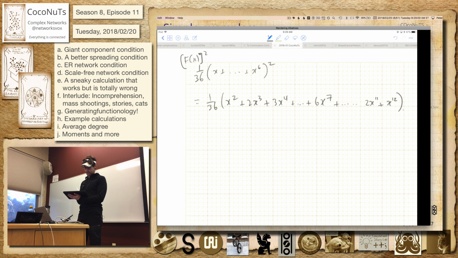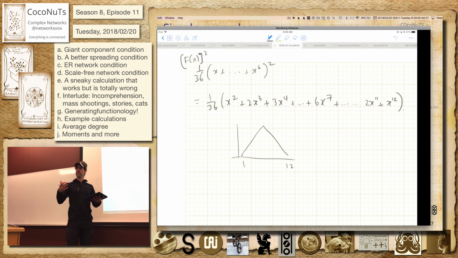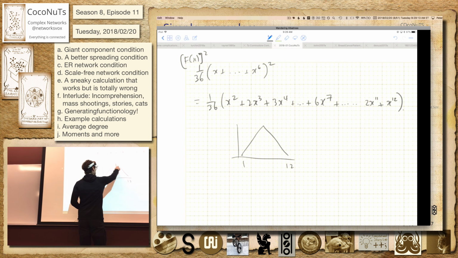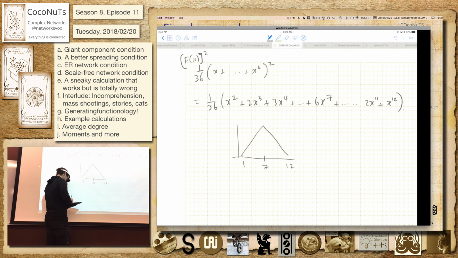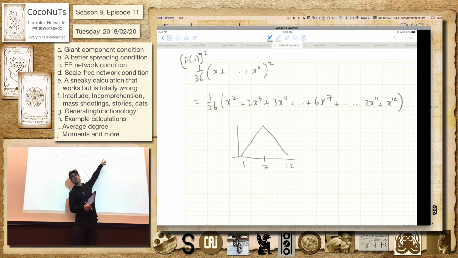So the probability looks like this. It was a uniform distribution, and now we're going to add these 2 variables. We're going to roll 2 dice and add them together, and that gives us this, with a 7 in the middle. And so there's a 6 in 36 chance of getting the 7. So 1 in 6.